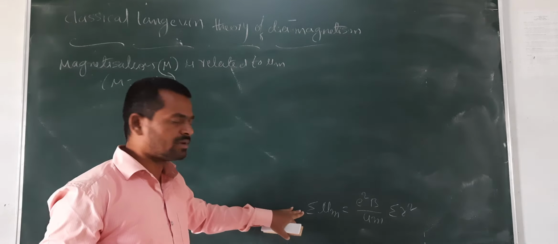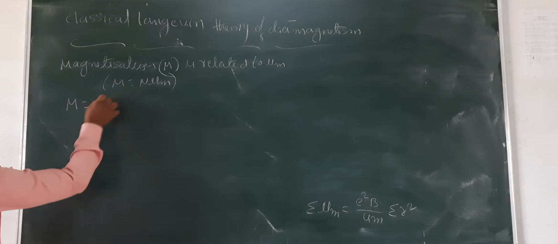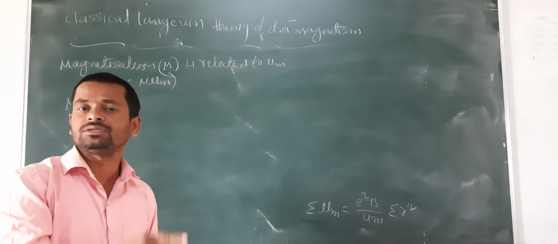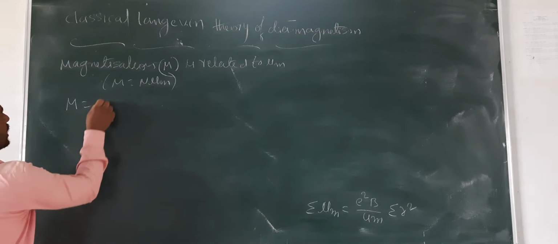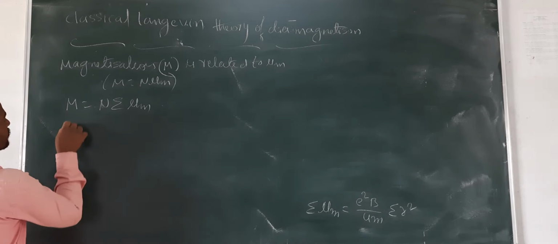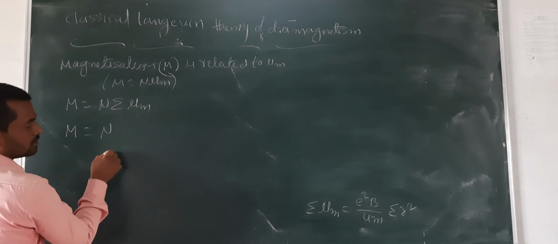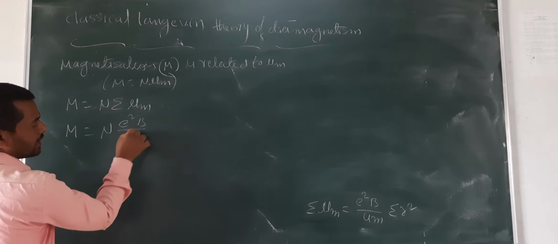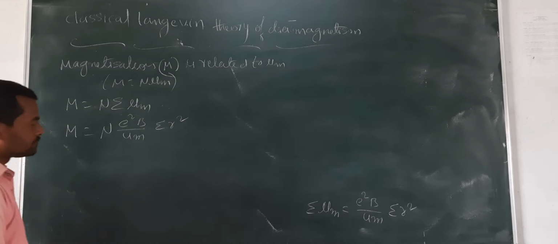So to this side we multiply simply, and then what do we get? We get M, where n is the number of dipoles per unit volume. M is equal to n into summation mu m. And now M is equal to n into mu m, which is e square B by 4m summation r square.